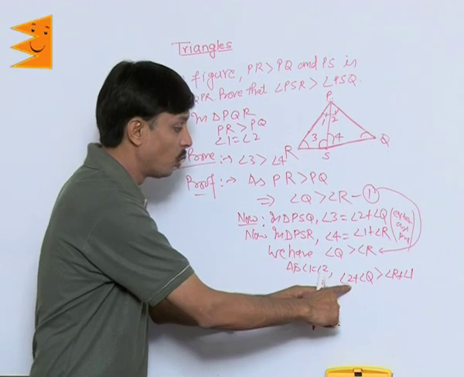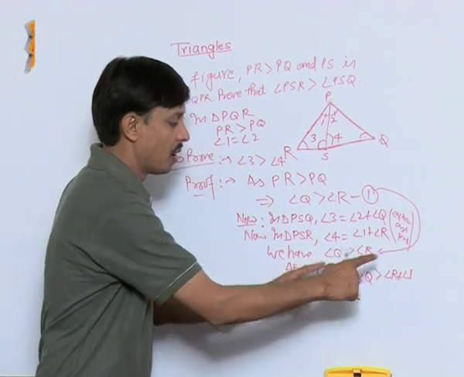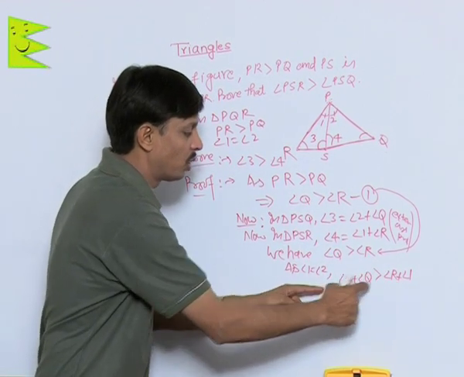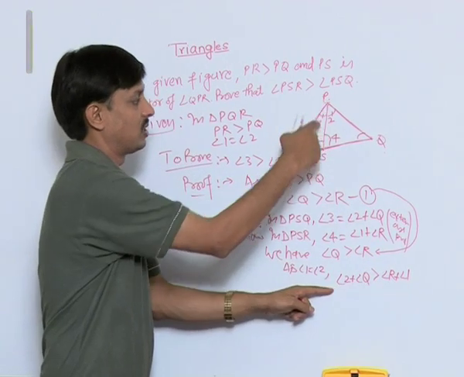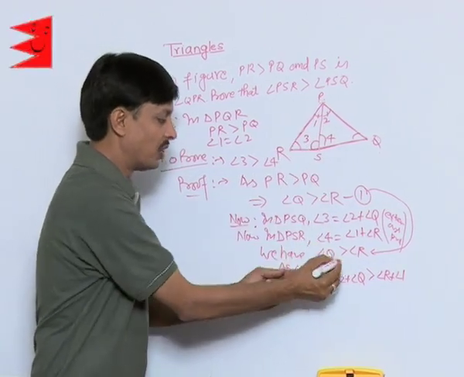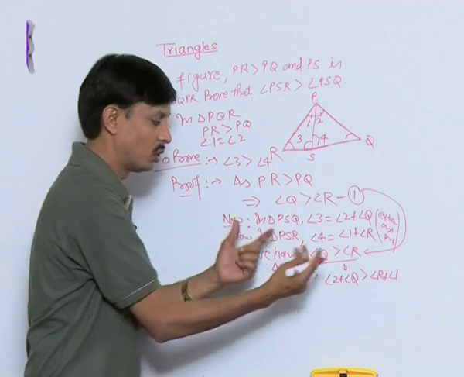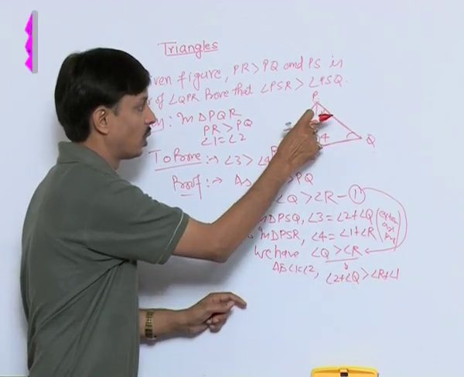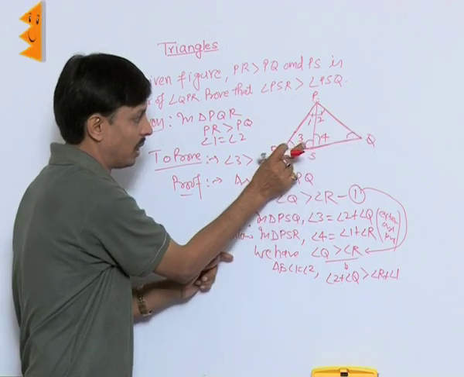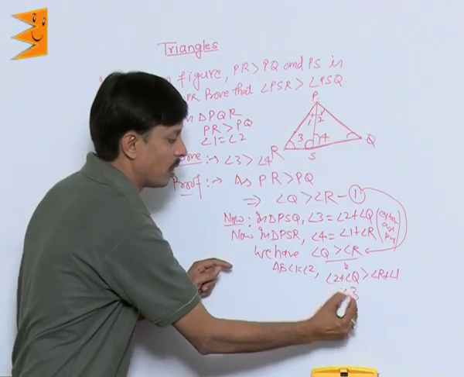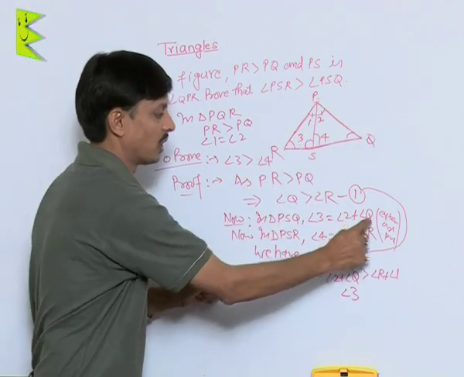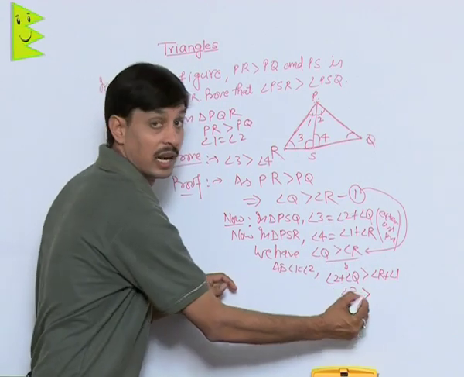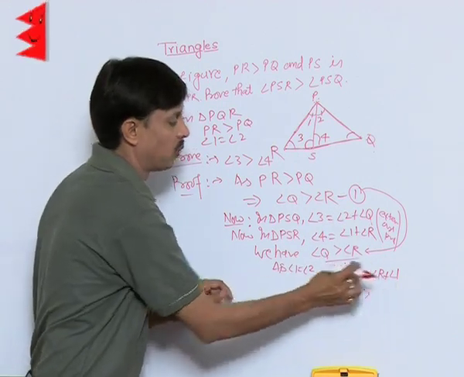I have added 2 here and 1 here, but you know that 1 and 2 are equal because PS is the bisector. So this inequality is as it is, no change. But in place of angle 2 plus angle Q, it can be replaced by angle 3, because as you know 2 plus Q is 3, is greater than angle R plus 1.